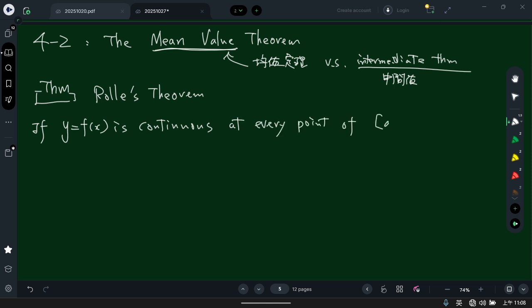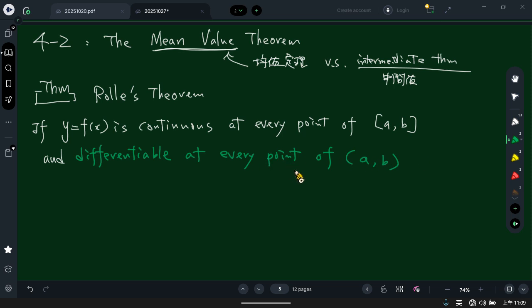of AB. That means in some certain interval A and B, we can make sure f of s is continuous. Okay? Then we also say it is differentiable at every point of AB. We can notice that this is a closed interval, this is an open interval. So when we talk about differentiability, we just focus on its interior points only.